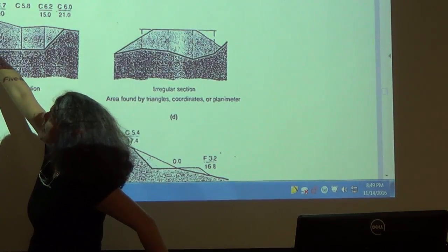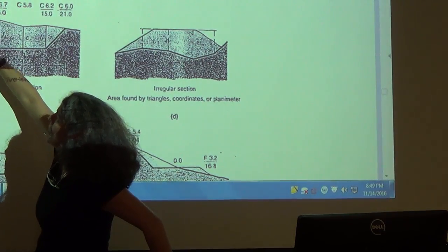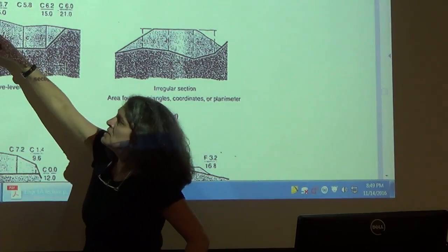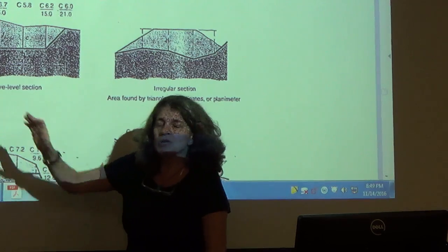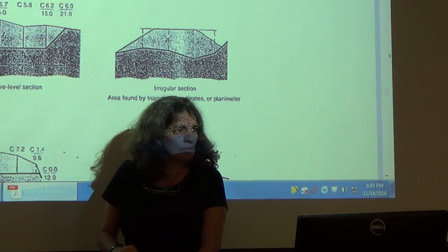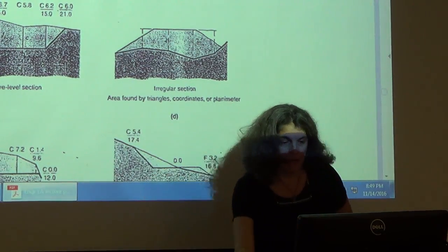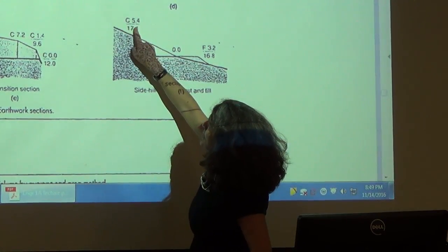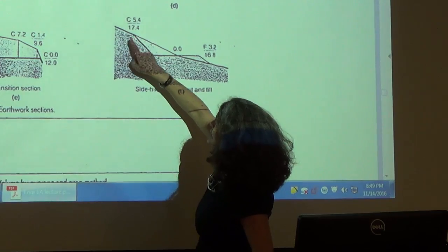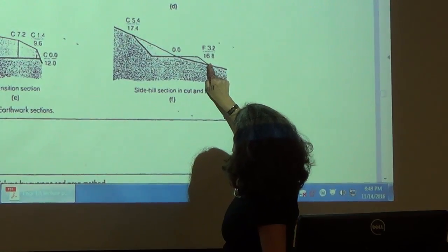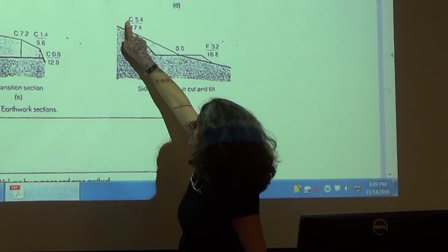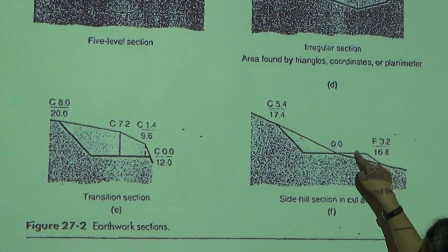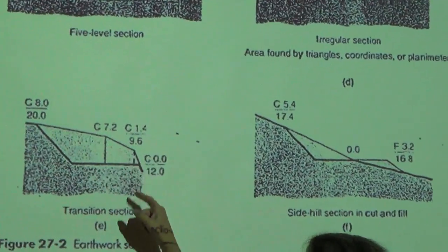These are the y and the x coordinates of the points that you surveyed. Why did they put a C in front of it? Because it's all cut. So for fill, here, this represents the coordinates of the point surveyed. They put a C in front of it because this is a cut area, and they put an F in front of it because it's a fill area. This is all a cut area.